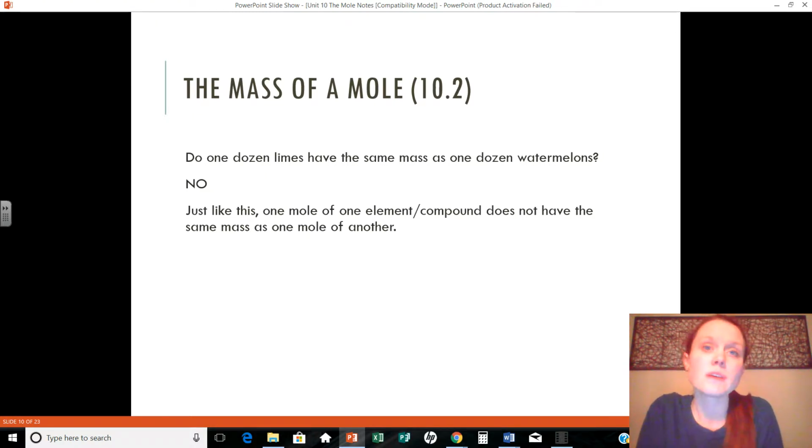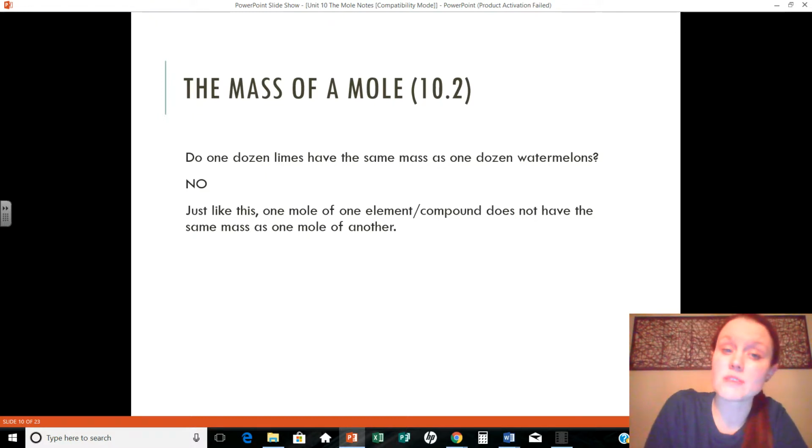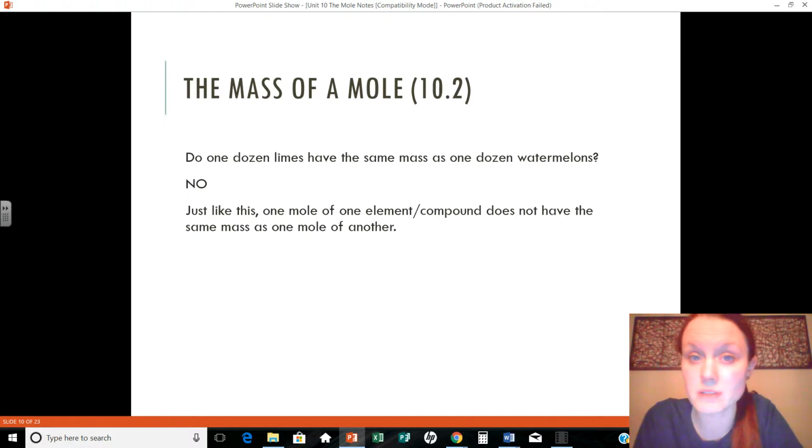So let's take a break from using the word mole for a second and help you understand that with a more familiar unit. If I were to give you 1 dozen limes and 1 dozen watermelons, those 2 groups of fruit have different masses, right? 12 limes is going to have a different mass than 12 watermelons.